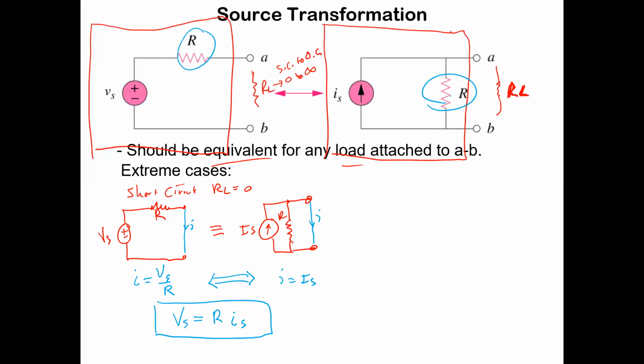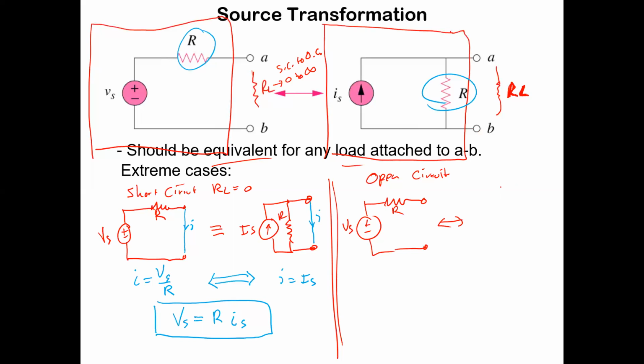And then the question is, well, does that also apply when we have an open circuit there, right? So with an open circuit, again, we're going to have our resistor, our voltage source, and we want this to be equivalent with the current source in parallel with the resistor.